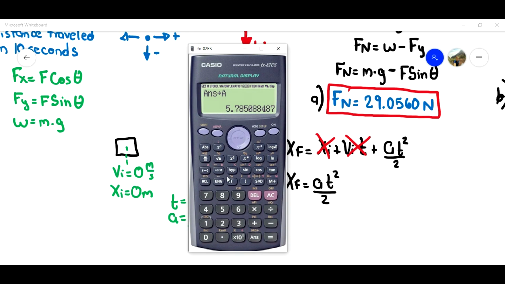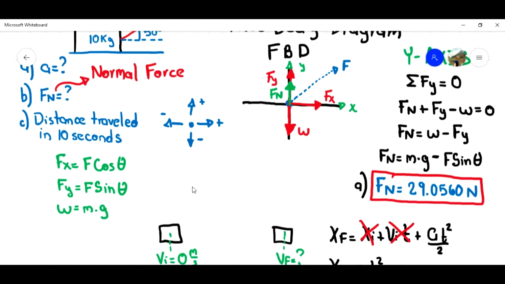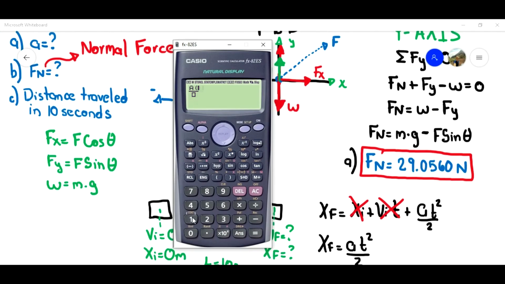So let's do it in the calculator, okay? So fraction, the acceleration, I just got it in A, times 10 seconds raised to the square over 2, and that will be the distance.